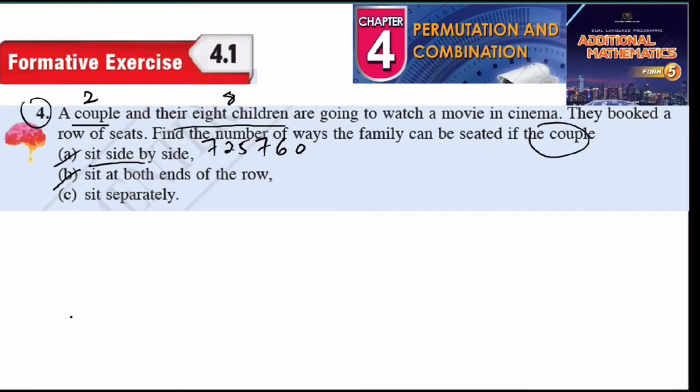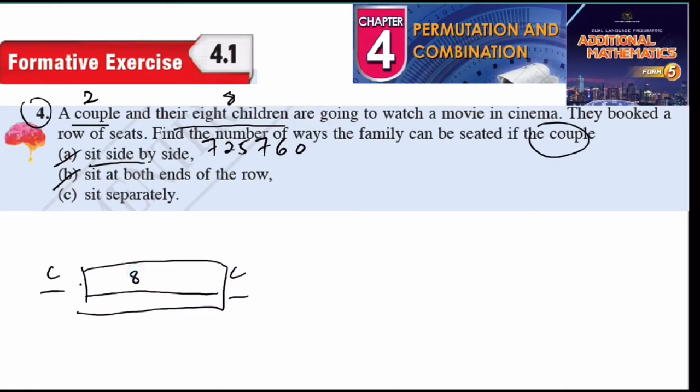Sit at both ends of the row. For this one, the condition is we must take care of the starting and the ending. Sitting at both ends means the first space can be taken by the father or mother. If the father sits first, the mother will be at the end. So we can start with either father or mother.